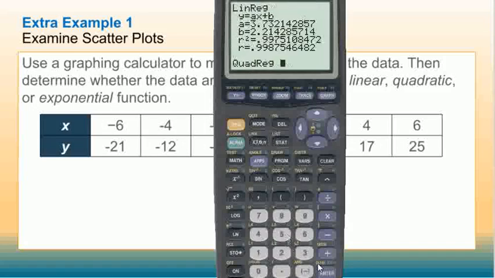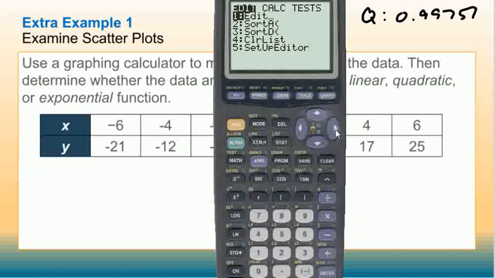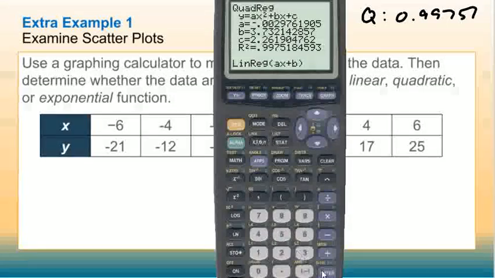Number 5. That's 0.9975. Maybe I should write that down. So quadratic is 0.99751. I have to go back to the linear to see what that one was. Number 4.